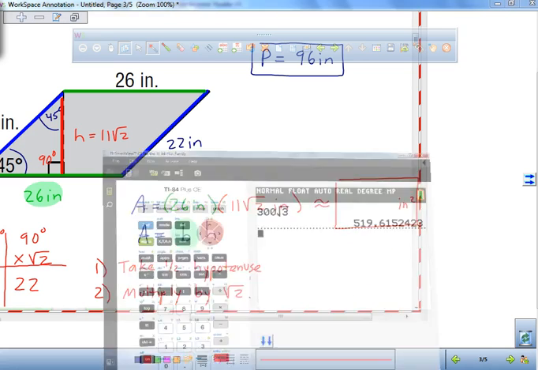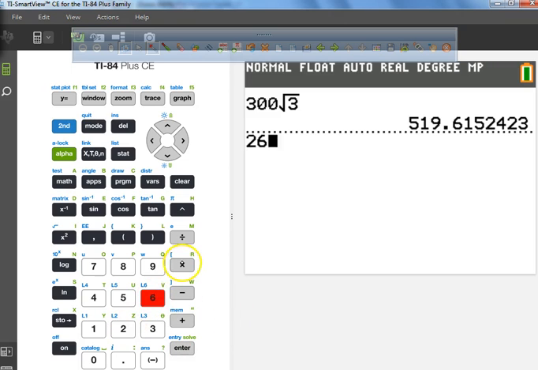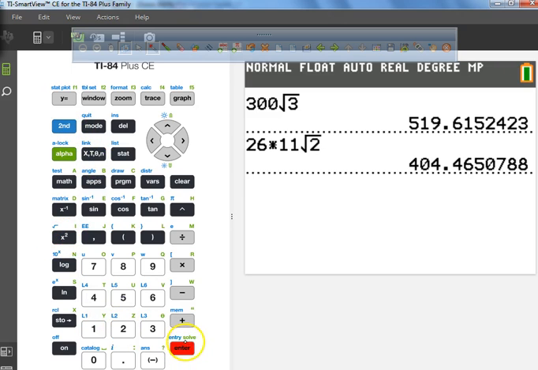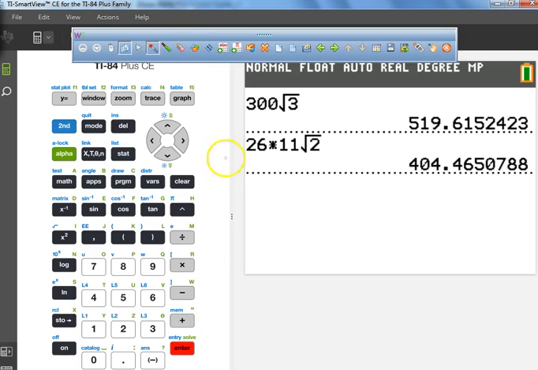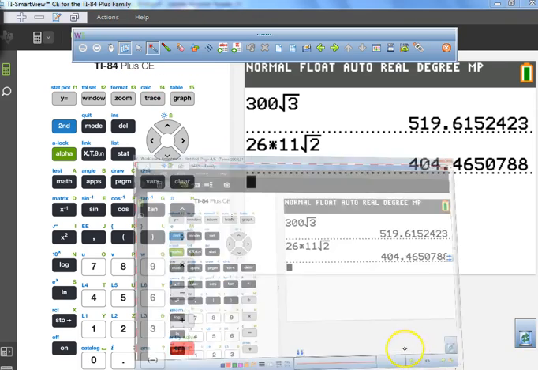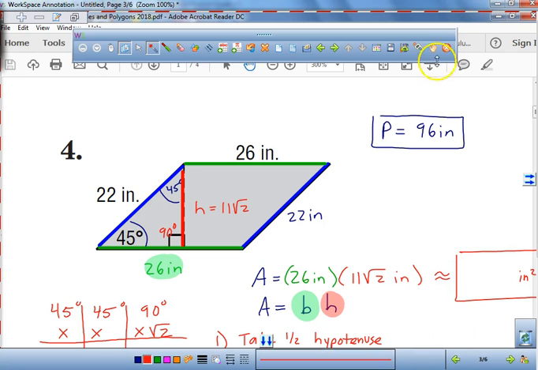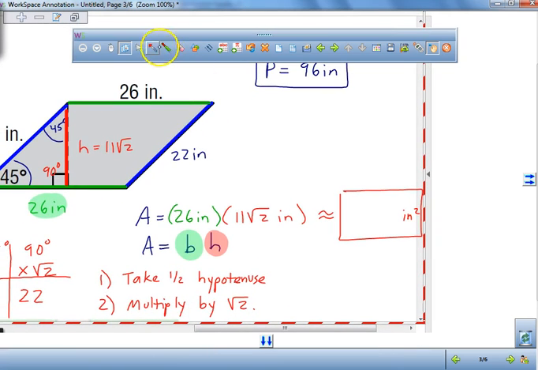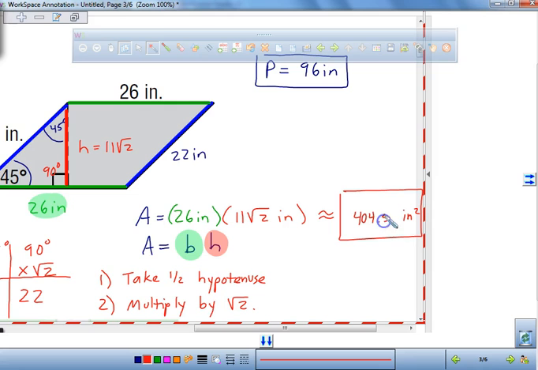So you take 26 multiplied by 11 radical 2. You get 404.5. So the area of this parallelogram is 404.5 inches squared. That's your approximate value.